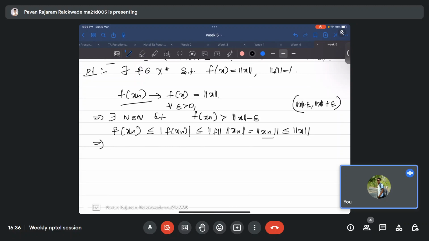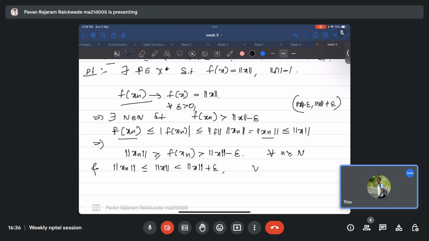This is what we need: norm of xn is greater than or equal to f of xn, which is strictly greater than norm x minus epsilon after some n. And what is given is norm xn is less than or equal to norm x, which is strictly less than norm x plus epsilon.